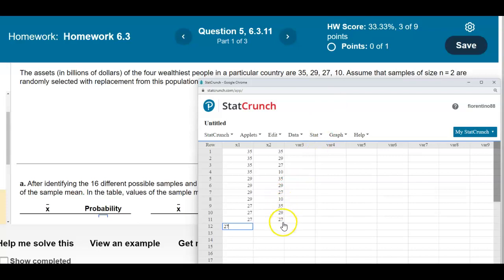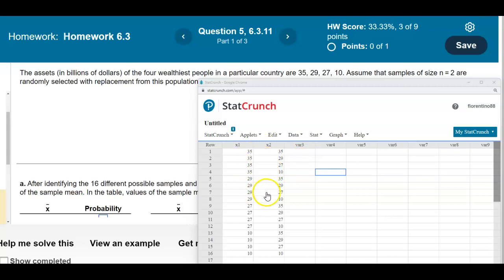So 10 and 35, 10 and 29, 10 and 27, and 10 and 10.